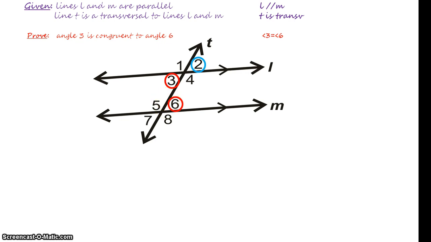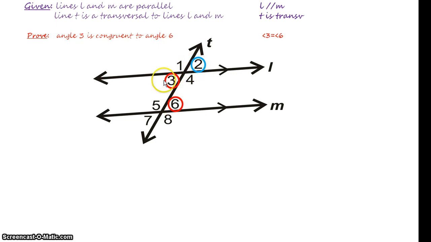So now that we know that is true, if we could just prove that 3 is also congruent to 2, then we can conclude that 3 is congruent to 6. How would we do that?